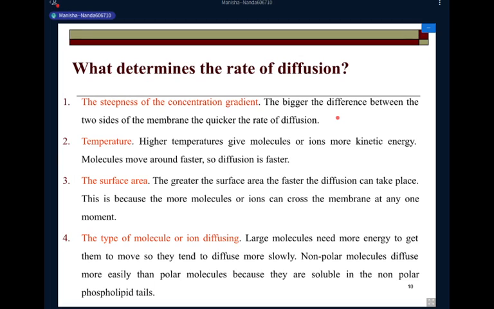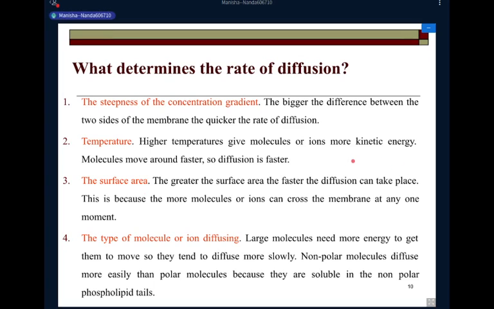Then temperature, of course, temperature increases the kinetic energy of the molecules. It gives molecules or ions kinetic energy. So molecules move faster at high temperatures than at low temperatures. Then of course the surface area. If the surface area of the membrane across which the molecules are moving is large, the rate of diffusion will be high as compared to a lower surface area.